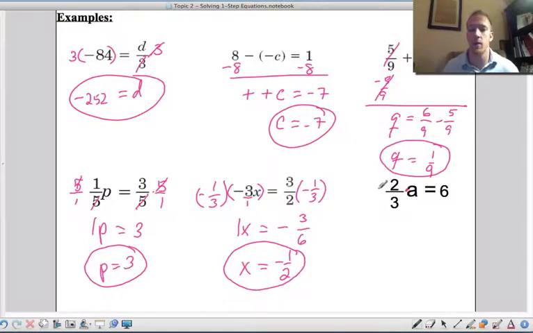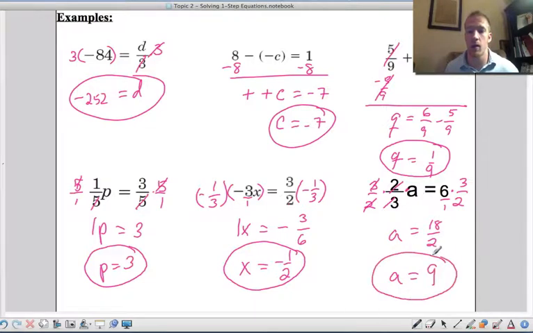So I'm going to do the same thing here. Flip this over and multiply by a 3/2 on both sides. I can do whatever I want as long as I do the same thing to both sides. So these reduce and give me an A, and then 6 times 3/2, or 6 over 1 times 3/2, is 18 over 2, which reduces to 9.